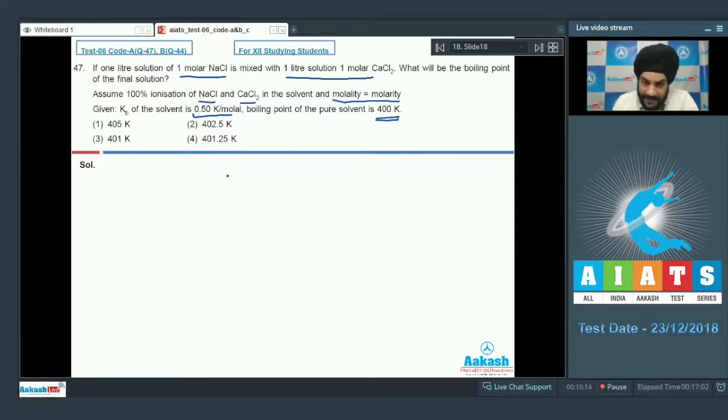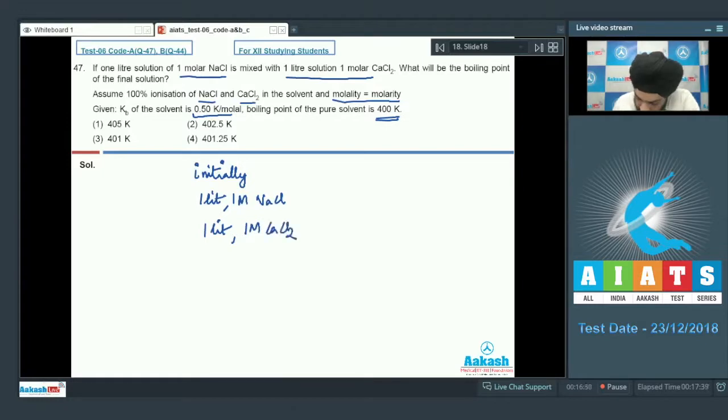If we talk about the effective number of ions which are present in the system after mixing of both of these solutions, initially we had 1 liter of 1 molar NaCl and we had 1 liter of 1 molar CaCl2. Now when they are mixed, the total volume shall be equal to 2 liters.